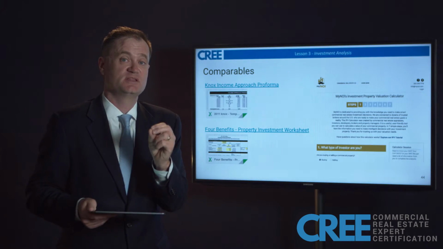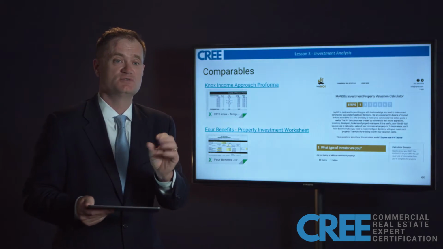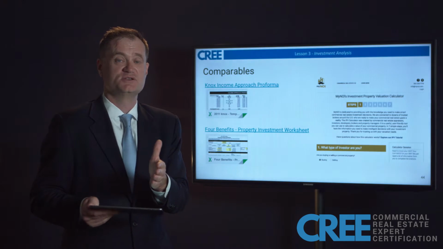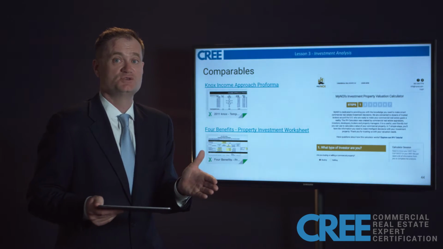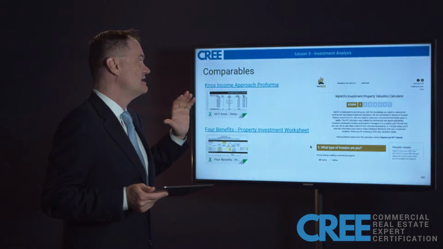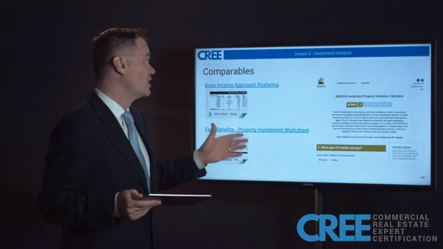Those are the Knox Street that we've been dealing with. Make sure that you edit those, play around with those, save that as a master template, and then put your own properties in your own market into those tabs.